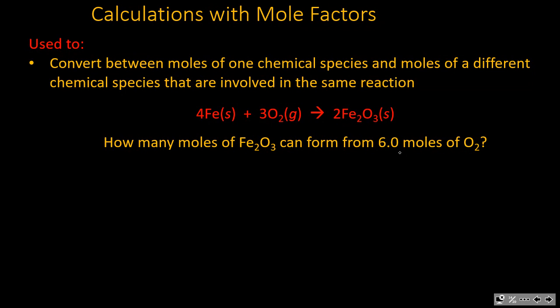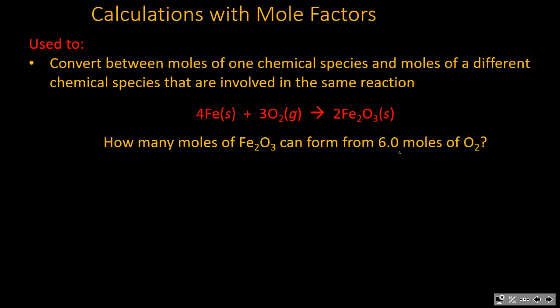The 2 coefficient on the iron oxide, okay, what else? We need one more. The 3 on the reactant side, on the oxygen, yeah, the 3 on the oxygen, okay?